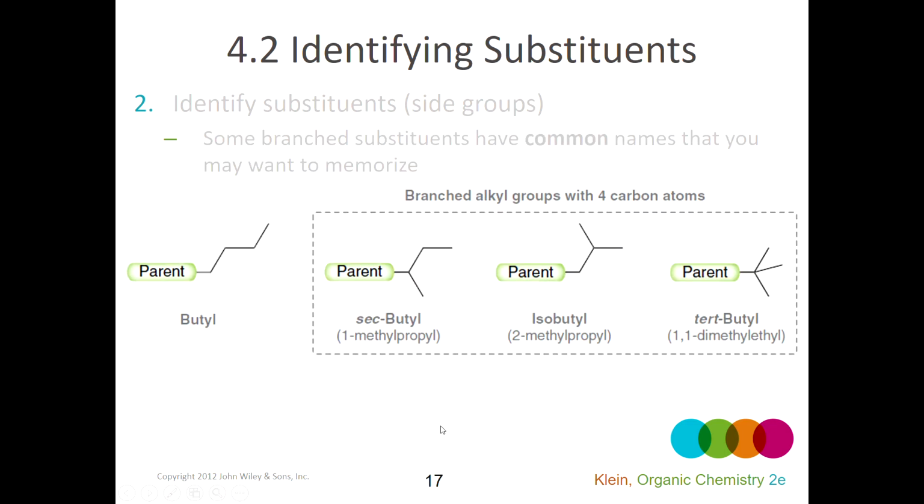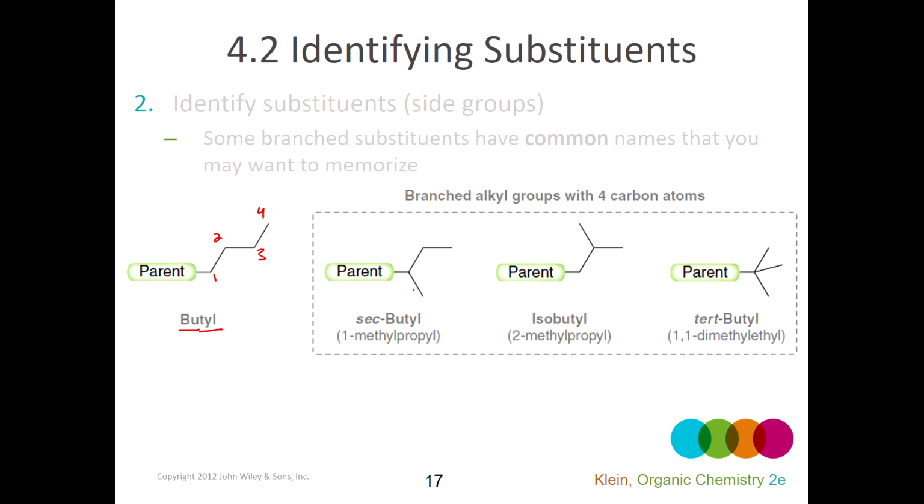A couple other common ones that you would want to be familiar with. Different branching patterns for 4 carbons. So if I have 4 carbons, that's but for 4, and the YL suffix shows me that this is a substituent, not part of the parent itself. If there's no branching, 4 carbons is just a butyl.